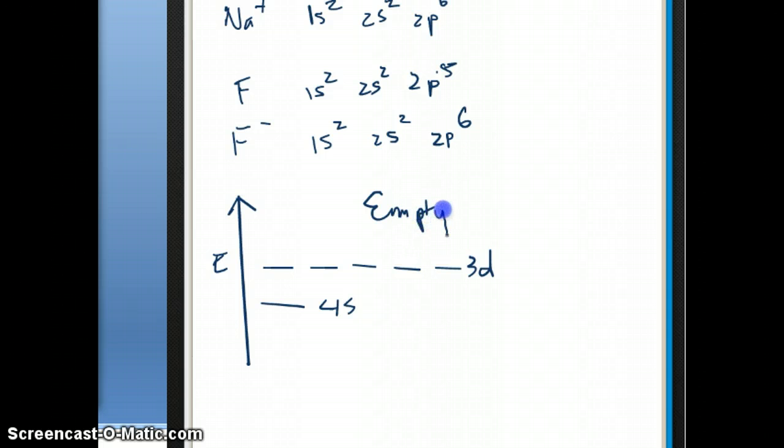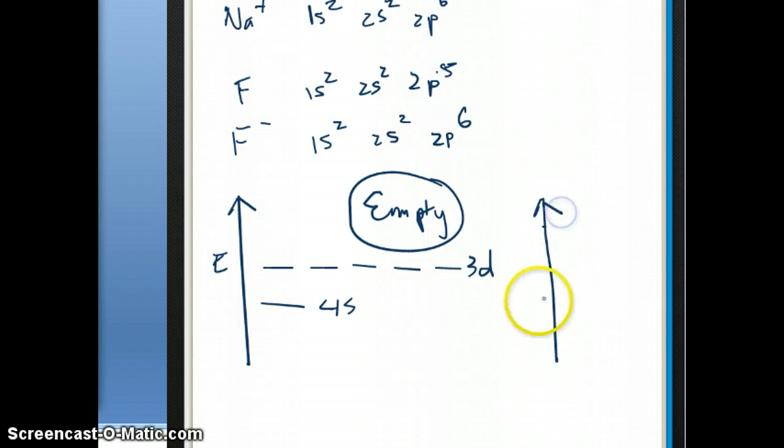So if they're empty orbitals, that's the stability of these orbitals. But when the orbitals are filled with electrons, you actually have a flip. So in other words, you have 3d, and then you have 4s.